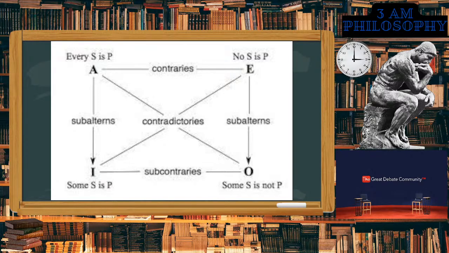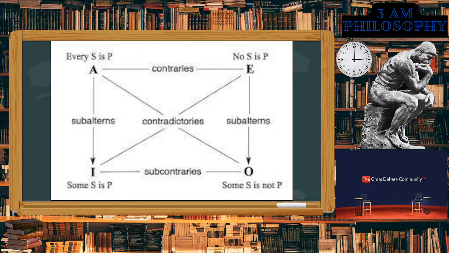If this is false, then this has to be false. Because if you say there are no dogs that are mammals, right? If this is false, some dogs are mammals is not true, which means there's no dogs that are mammals, or at least there's no some dogs are not mammals. Then you cannot say every dog is not a mammal. So this has to be false if this I is true. So I is true, A is false, E is true, and O is true.